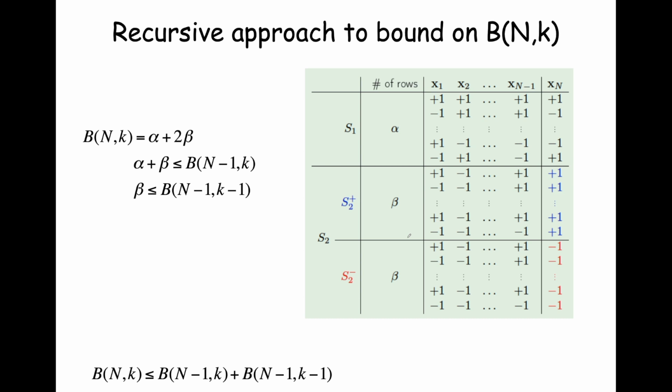And so now substituting in for this b and k, well, that alpha plus 2 beta is the same as saying alpha plus beta plus beta.